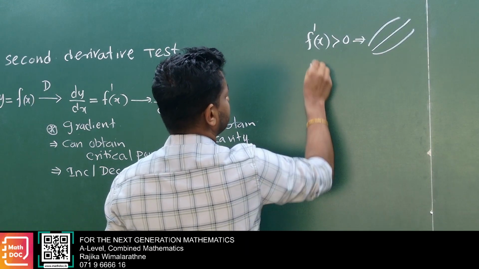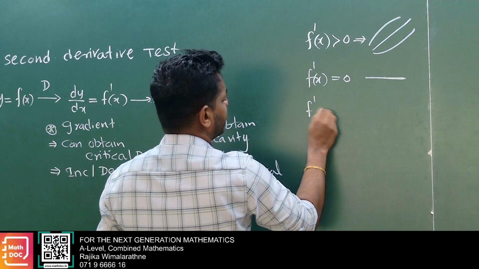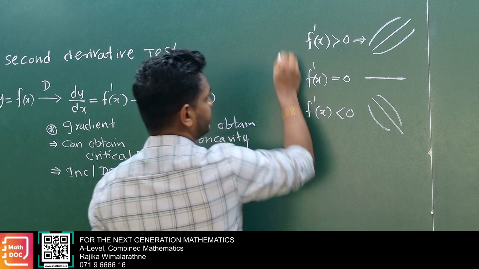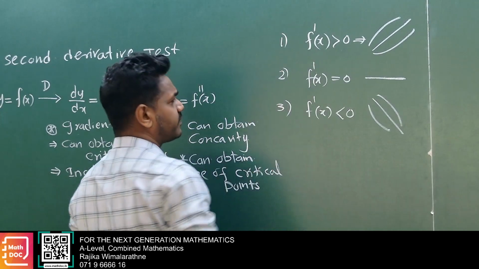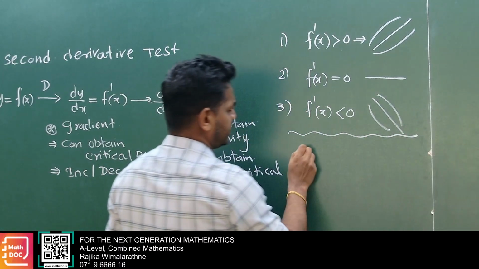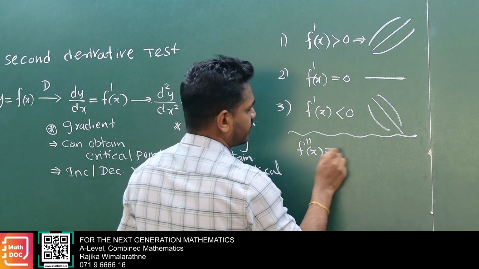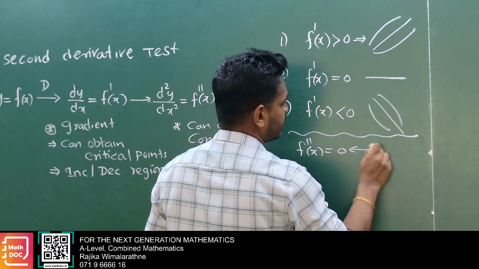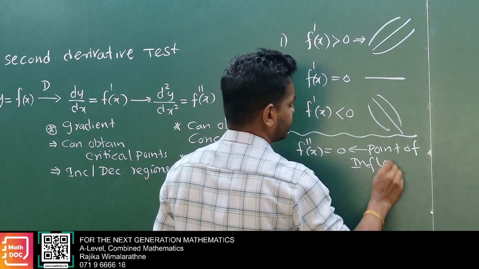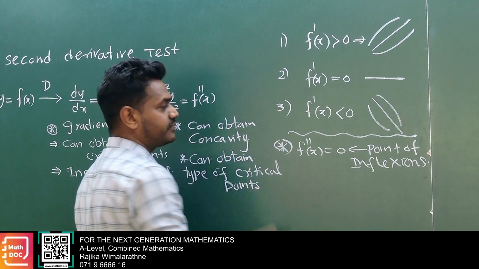When f dash x equals 0, the gradient is 0. When f dash x is less than 0, it is decreasing. So there are three types. Then for the second derivative, the point where f double dash x is 0 we call a point of inflection.